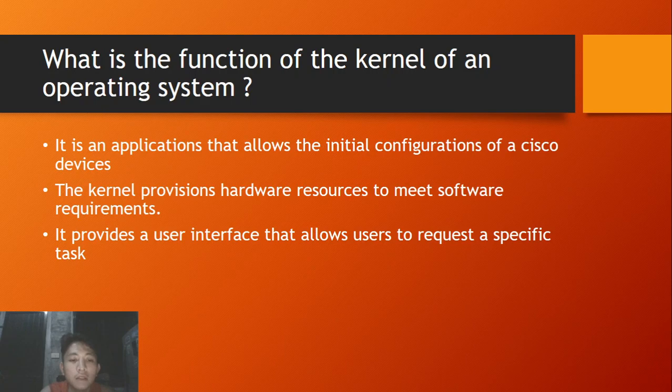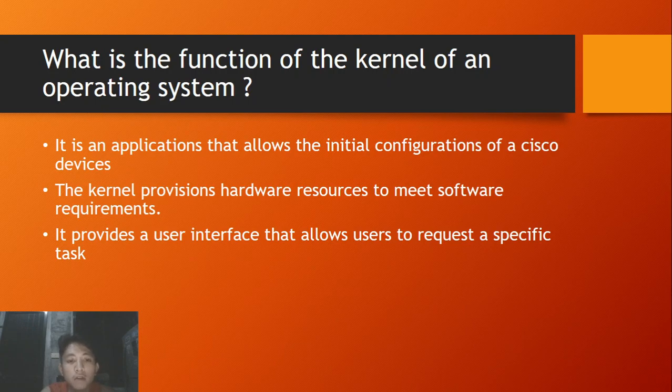And the last is it provides a user interface that allows a user to request a specific task. I think the kernel provisions hardware resources to meet software requirements is the answer.